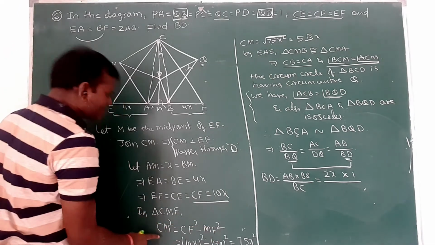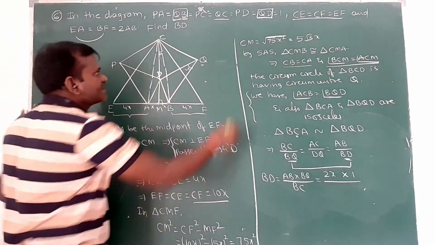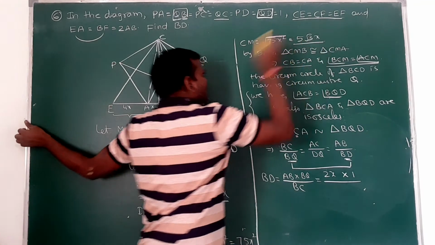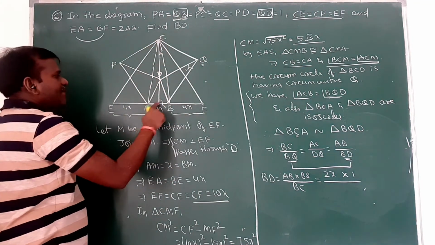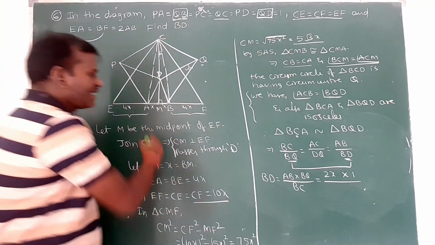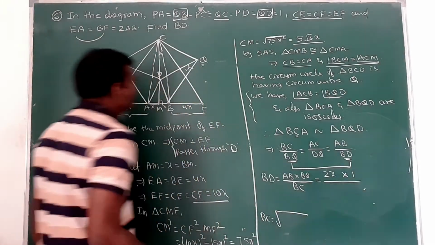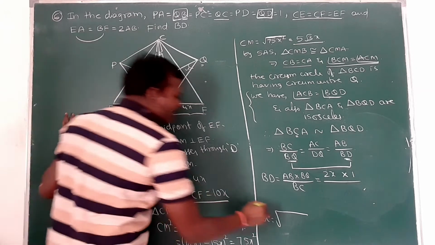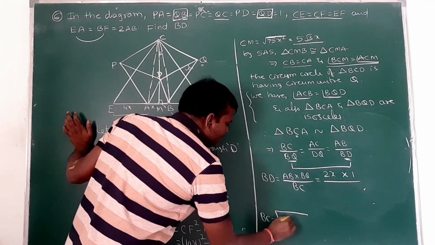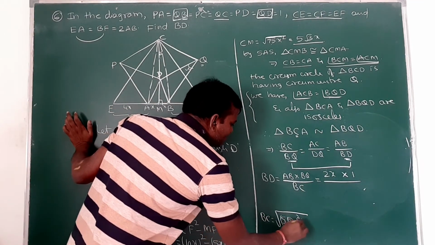CM length is 5 root 3x, I got here. MB length is x. Therefore, BC is square root of (5 root 3 x) whole square plus x square.